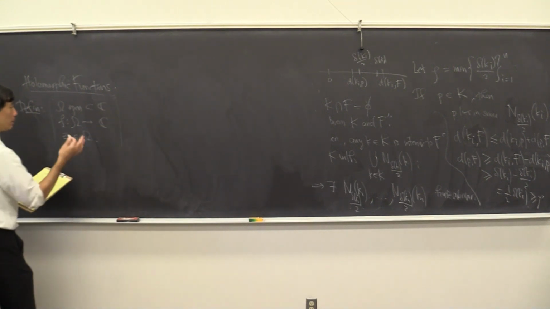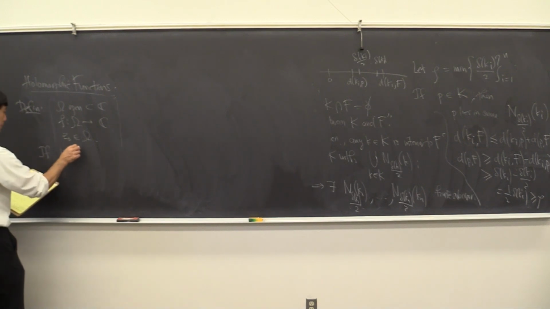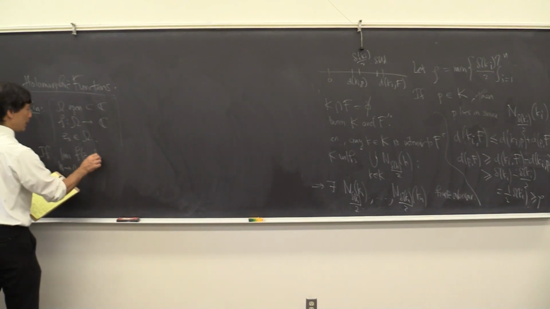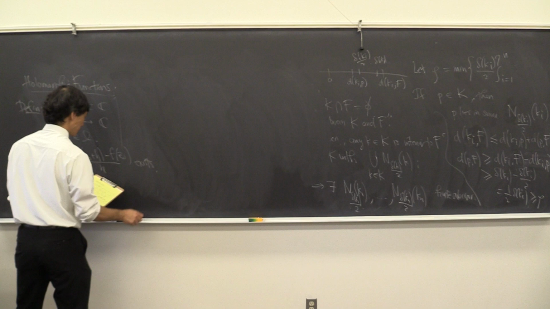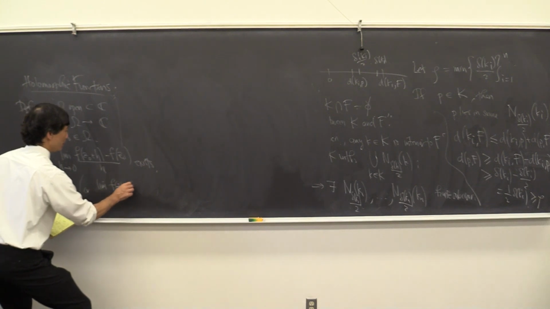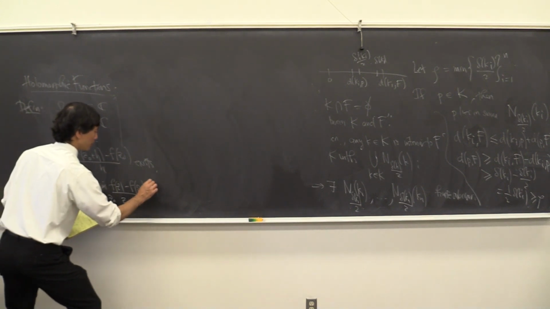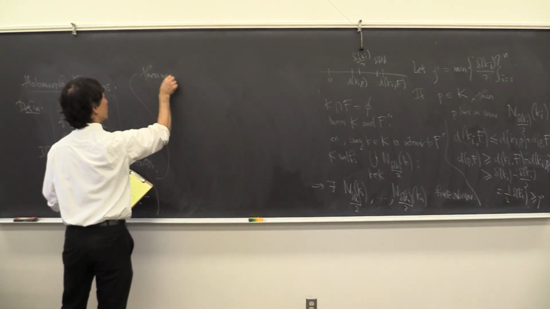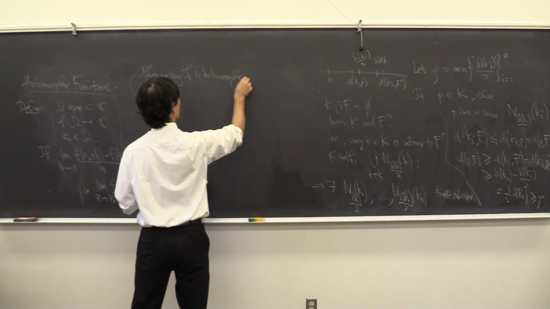If the limit as the complex variable h goes to 0 of f of z naught plus h minus f of z naught over h exists, or of course the limit of f of z minus f of z naught over z minus z naught as z goes to z naught exists, then we say f is holomorphic at z naught.